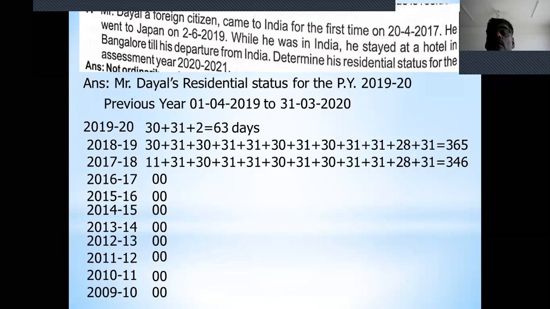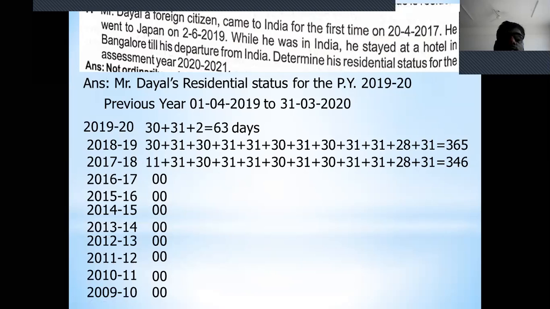He is a foreigner. This is the period he is in India, and before this he was not in India. This is the days calculated. Like this you calculate the days.